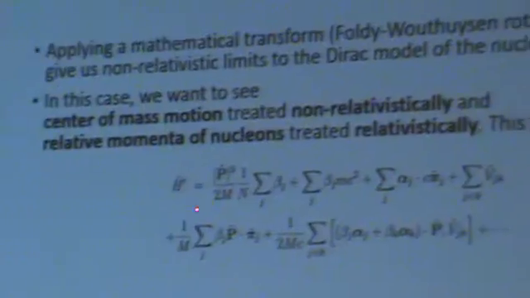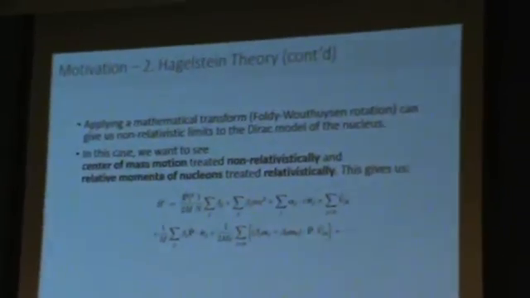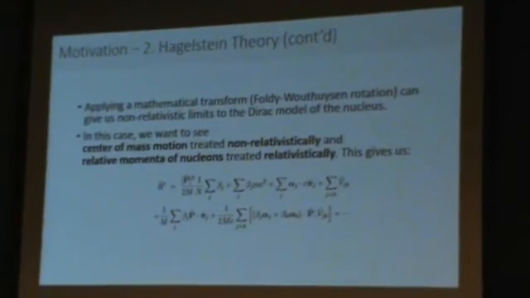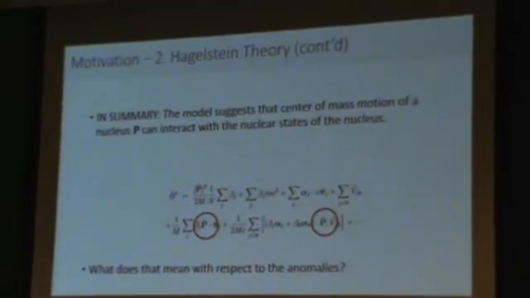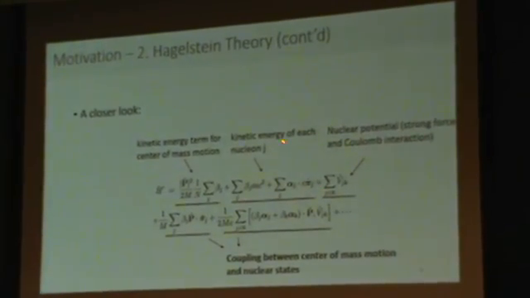So this is what the Dirac model looks like after applying this transformation, and I just want to take a moment to look at it in more detail. So we have the kinetic terms up here.